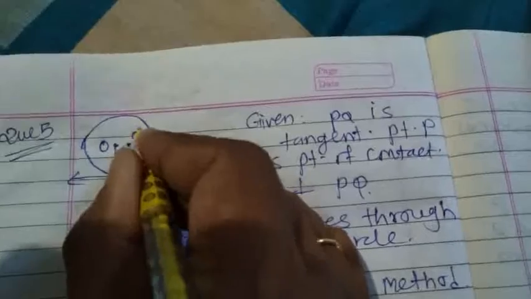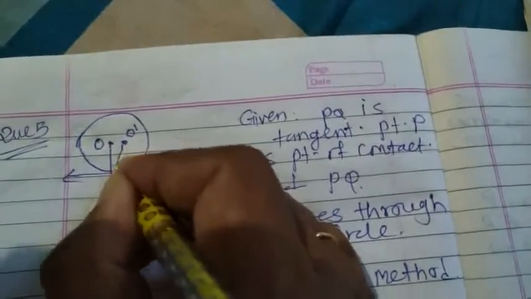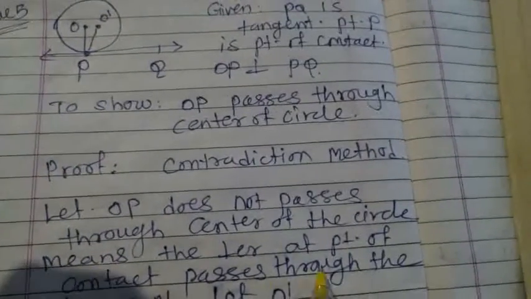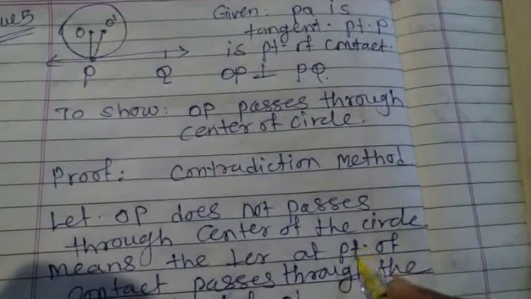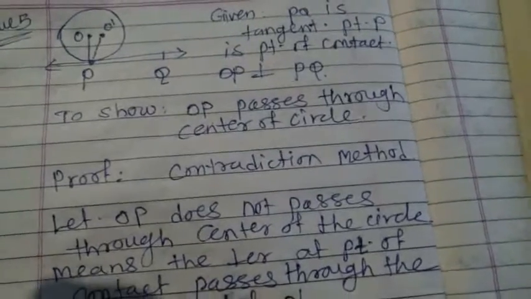So there will be another point O dash from where this perpendicular passes. That is the other point. Means that the perpendicular passes through the point O dash, means O dash P is perpendicular to the tangent.